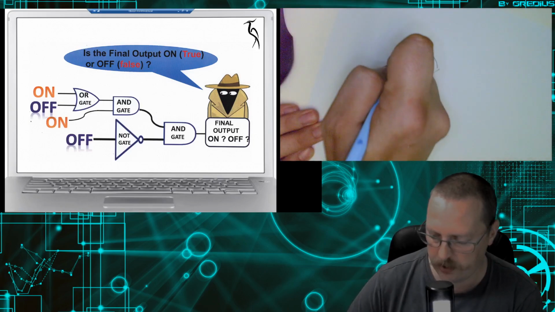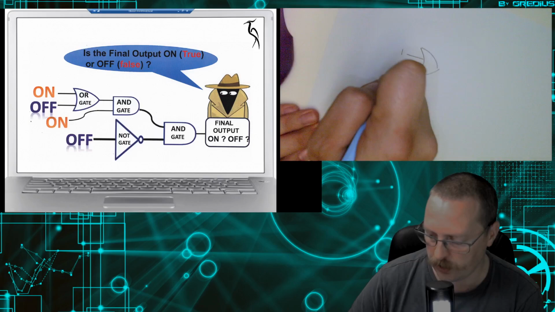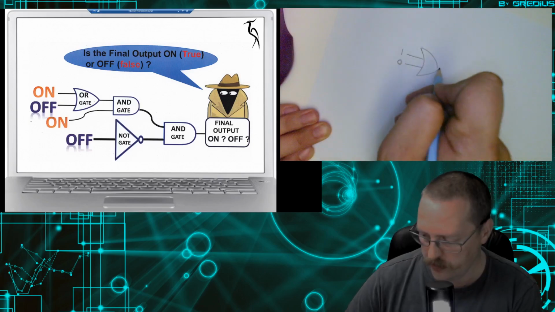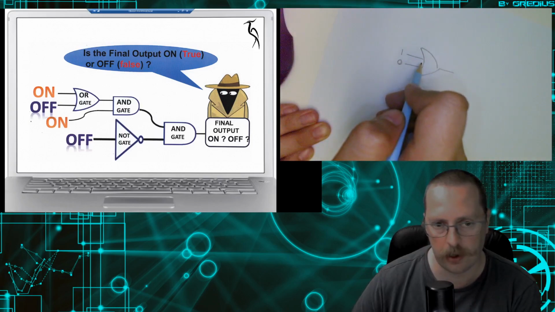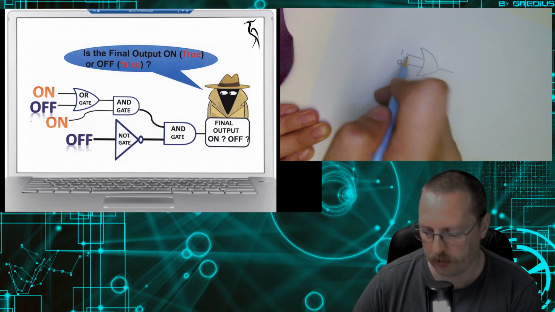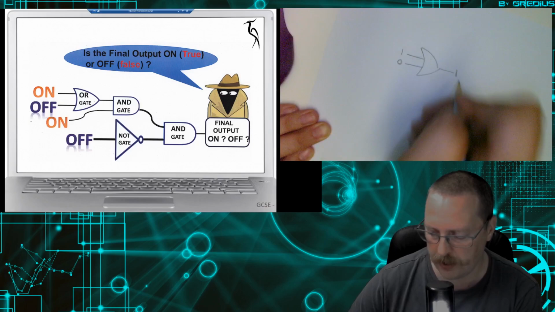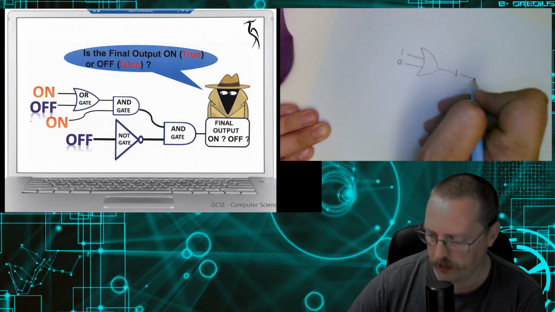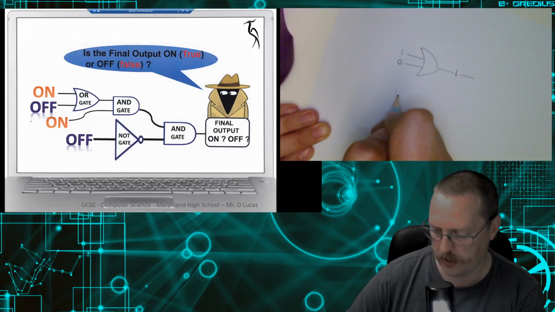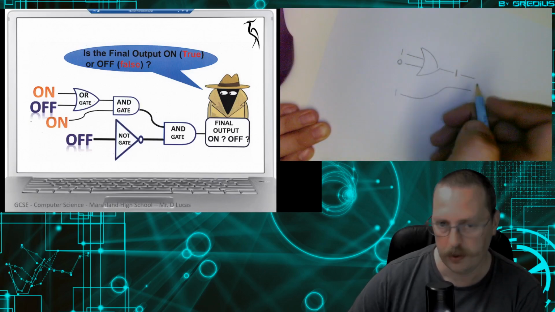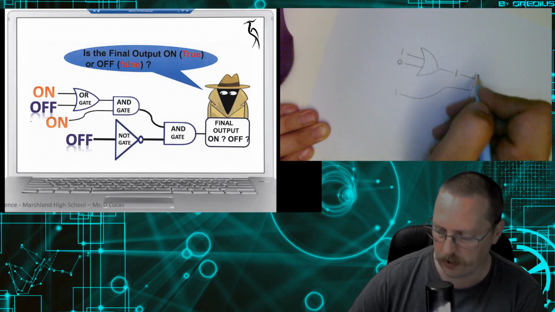I'm going to change that to a 1, and we've got the word off. Now we need to know what the output is. Remember, it's an OR gate, so only one of them needs to be on. We've got one on, so our output here is on. This then goes off, and we've got a 1 here that goes to our AND gate.